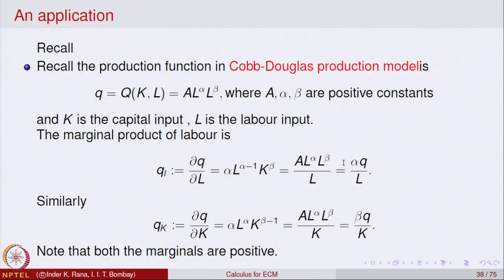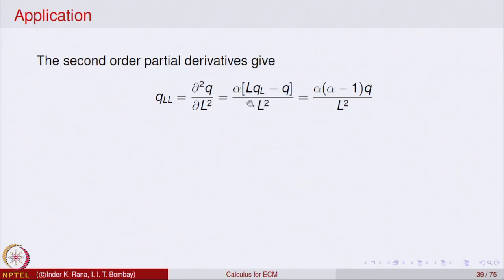So, alpha times L into the derivative of Q with respect to L, minus Q times the derivative of L, that is 1. So, if we simplify, that is alpha into alpha minus 1 into Q divided by L square. So, that is the simplification we get.